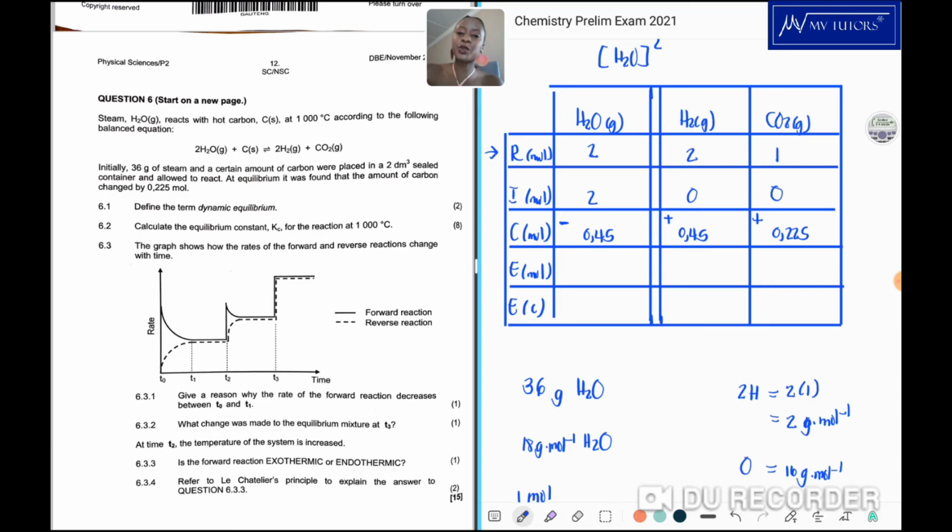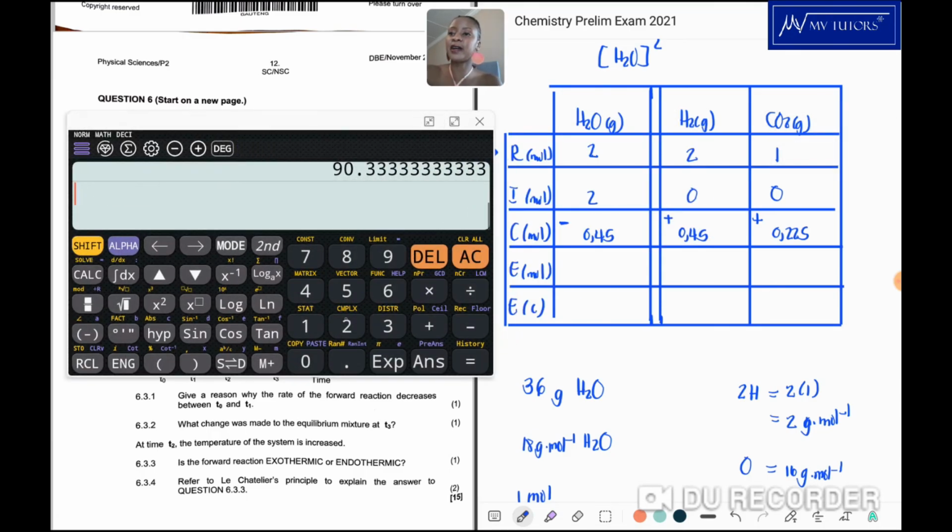So if we take 2 and subtract 0.45, we get 1.55. That's for the steam. Then 0 plus 0.45 is 0.45, and 0 plus 0.225 is 0.225. So at equilibrium, we have the number of moles.